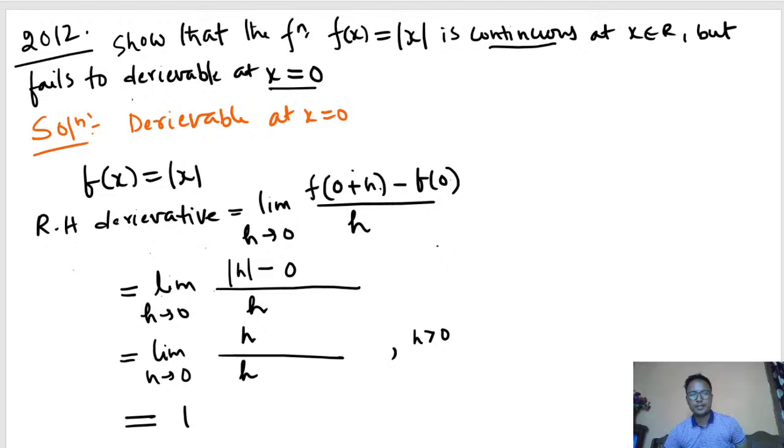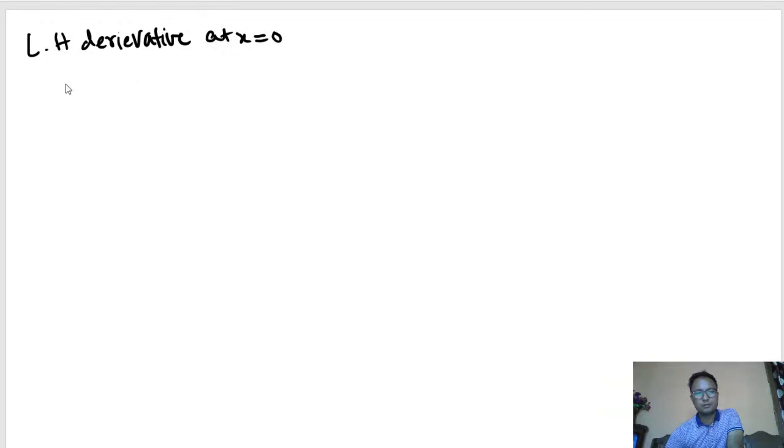Next, the left-hand derivative at x equal to 0.